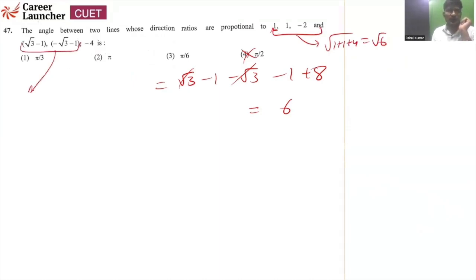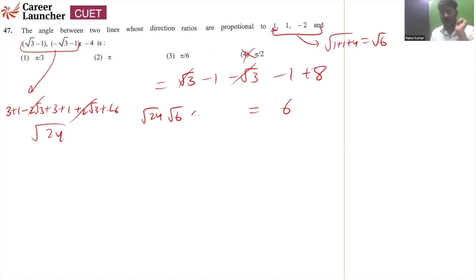The other vector's magnitude is 3 plus 1 minus 2 root 3 plus 3 plus 1 plus 2 root 3 plus 16. These two will be cancelled out, giving 24, so root 24. So root 24 times root 6 cos theta, which is 4 into 6 cos theta, is equal to, I think, 2.